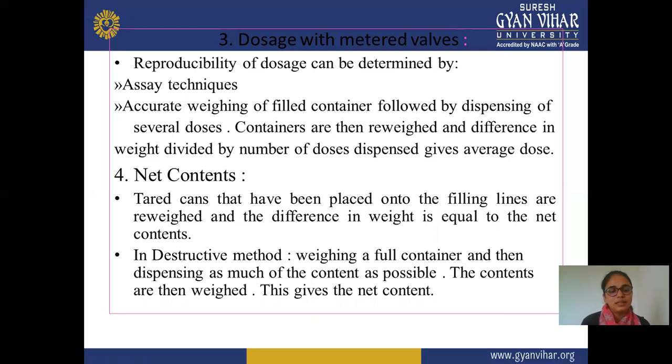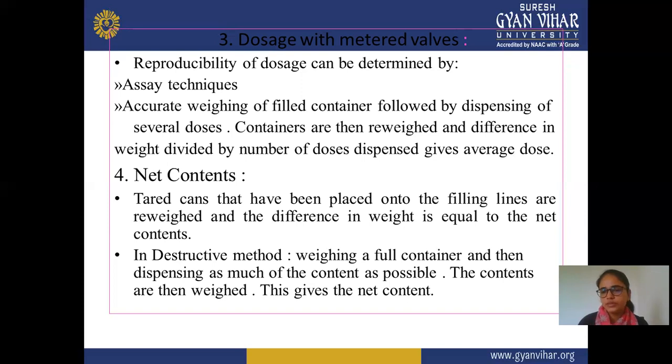Next is net content. In this, we are checking the overall weight of your aerosol, which is the total weight including your API and excipients present in the aerosol. In net weight, the tared cans placed on the filling line are weighed, and the difference in weight is equal to the net content.